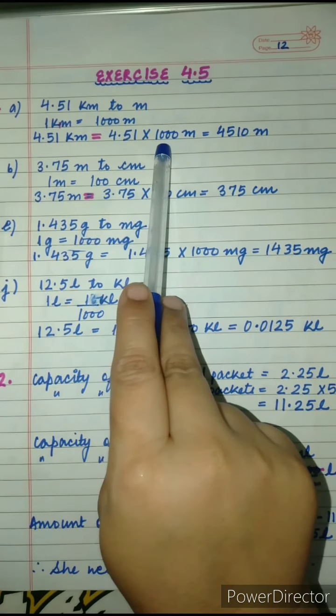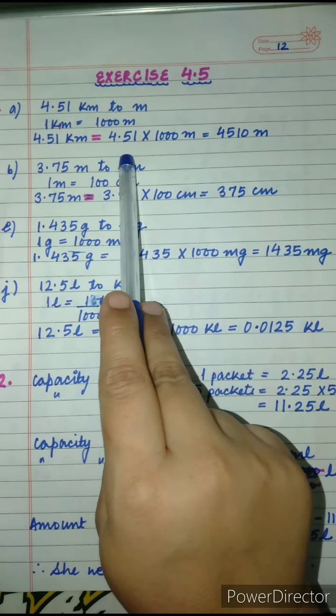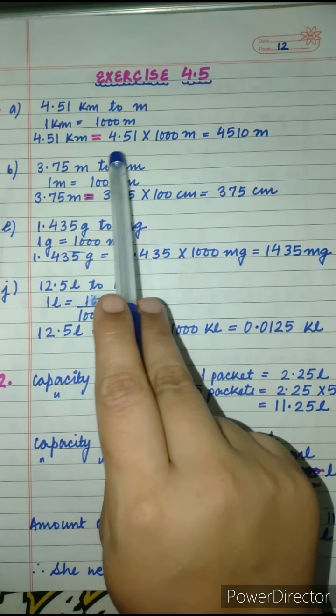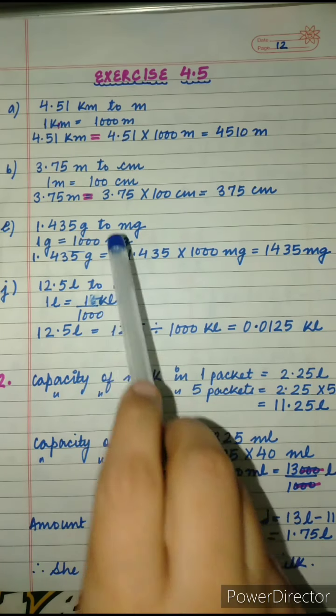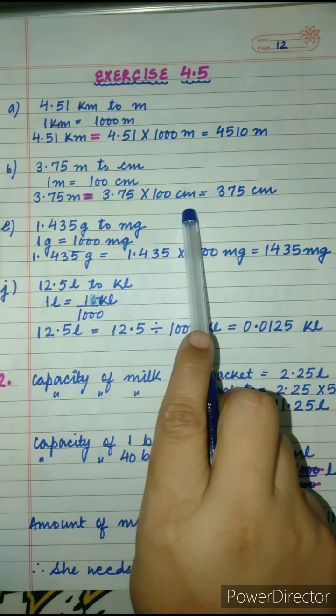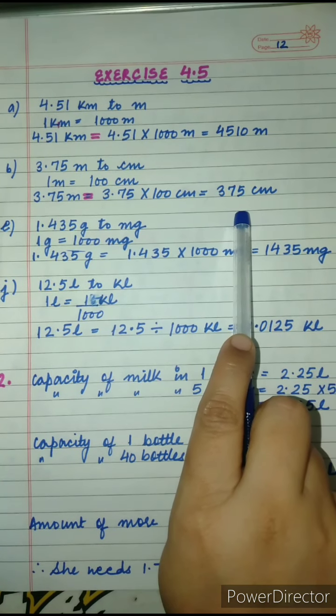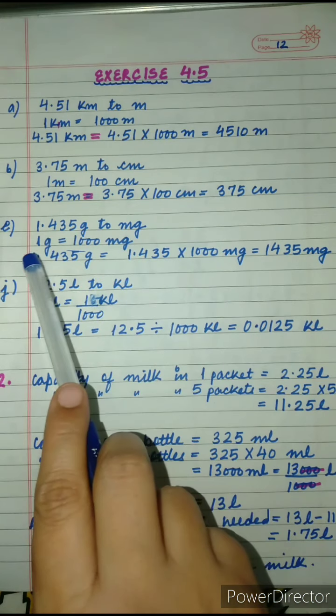So we have 3 zeros here, so we are going to move our decimal 3 places, so that will be 4510 meters. B part, we have 3.75 meters to centimeters. So 1 meter is how many centimeters? 100 centimeters. So we are going to multiply 3.75 by 100, that will give you 375 centimeters.